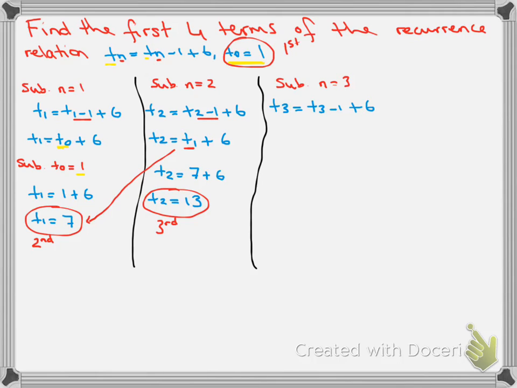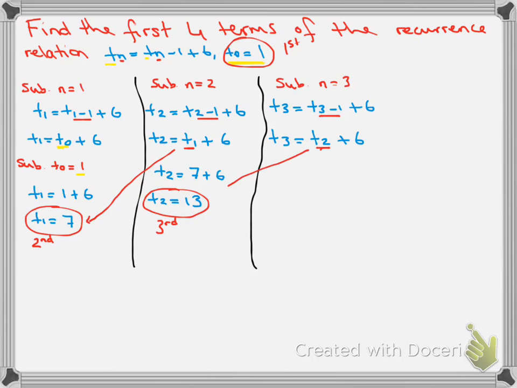Again, I work out whatever I can, and if I look at my equation, I can work out what 3 minus 1 is. So I keep going with my equation. t3 equals 3 minus 1, which gives us 2, plus 6. And now I need to think about where I worked out what t2 was equal to, because I need to substitute that with an actual number.